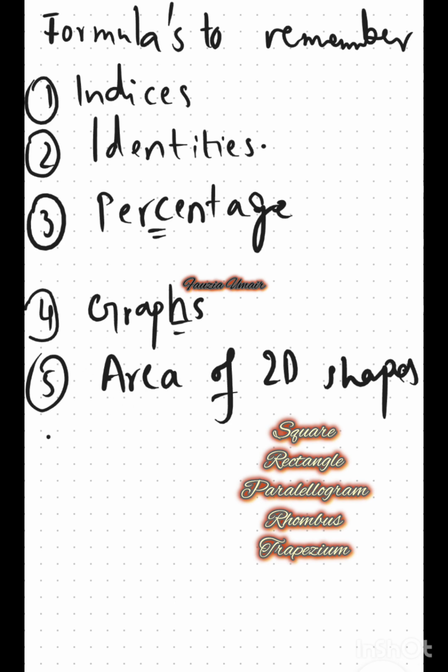So square, rectangle, parallelogram, rhombus, trapezium, these are the shapes in which you need to memorize the formulas of areas on your own. Quadrilaterals you can say, because area of circle is also given and area of triangle is also given, but area of these quadrilaterals is not there in the list of formulas. So you need to memorize those also on your own.